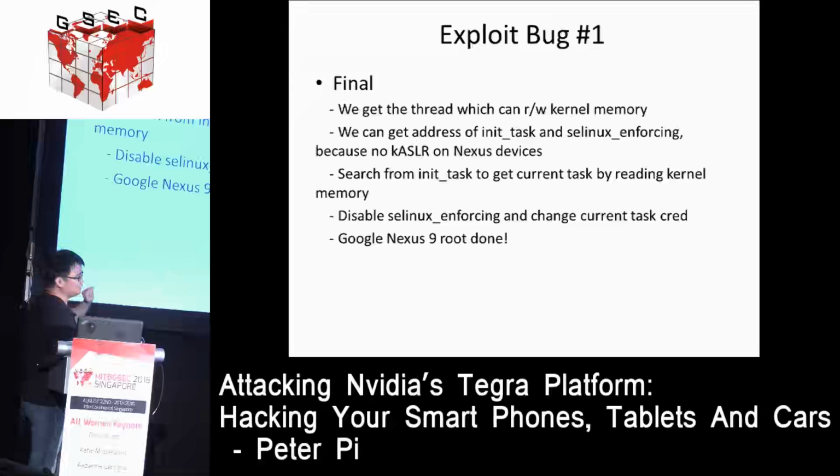So I search from init task to get the current task by reading kernel memory from user space. After finding the current task, we can change the cred of the current task. Before doing this, we need to disable SELinux enforcing. So after doing this, we root the Google Nexus 9.